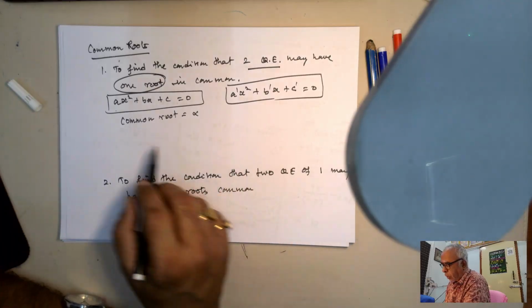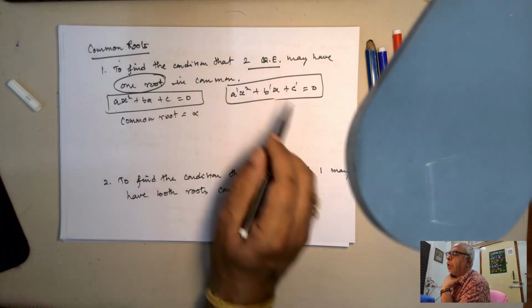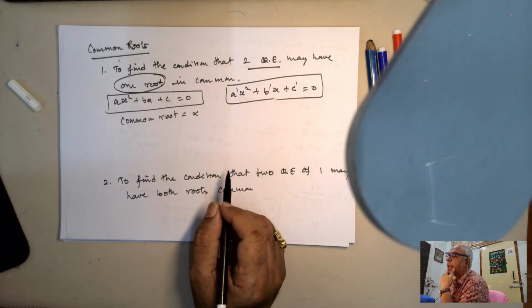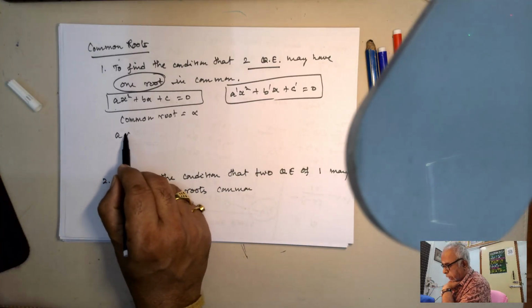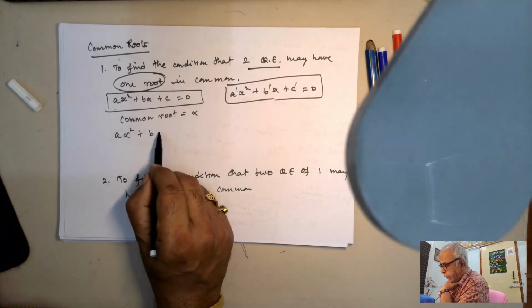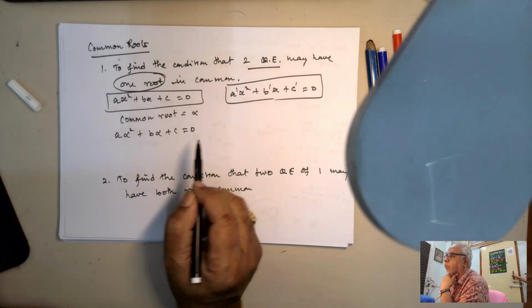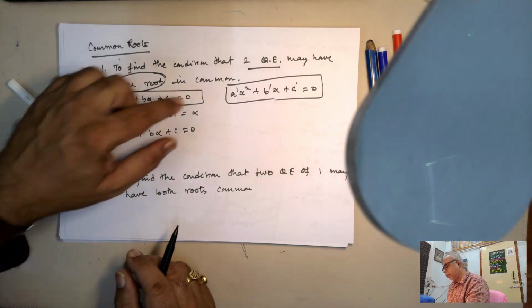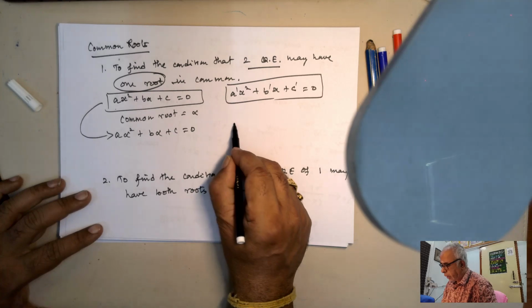So when you have a common root alpha for both the quadratic equations, a alpha squared plus b alpha plus c is equal to 0. We can replace this x by alpha. Similarly here, this becomes a prime alpha squared plus b prime alpha plus c prime is equal to 0.